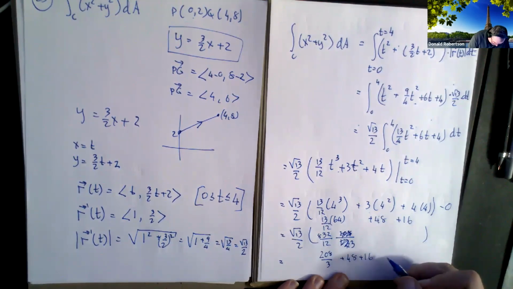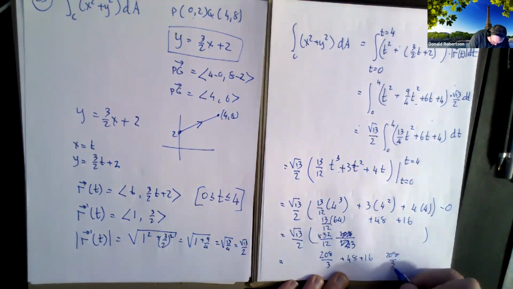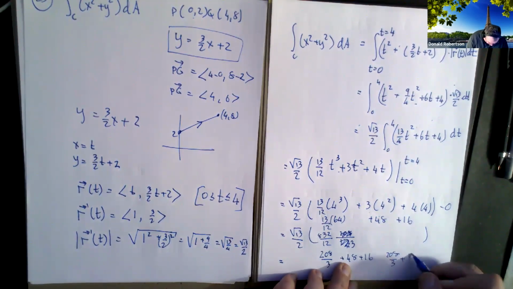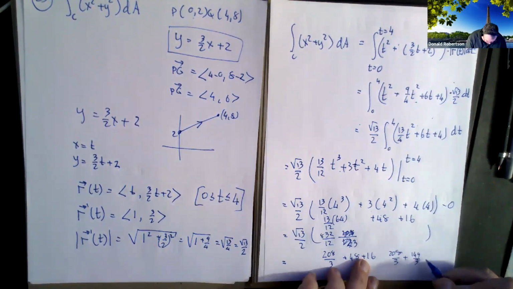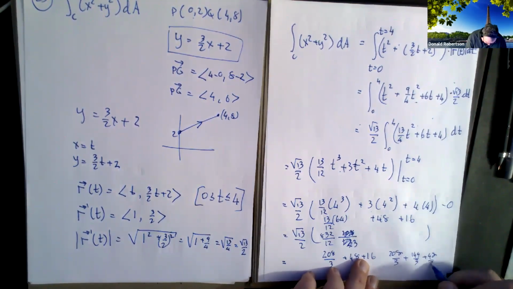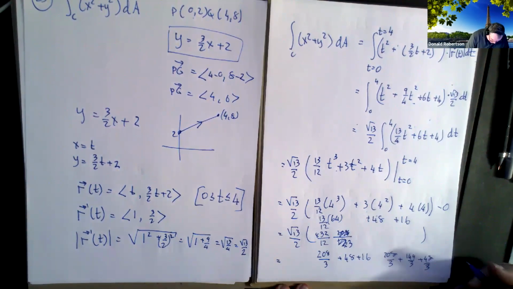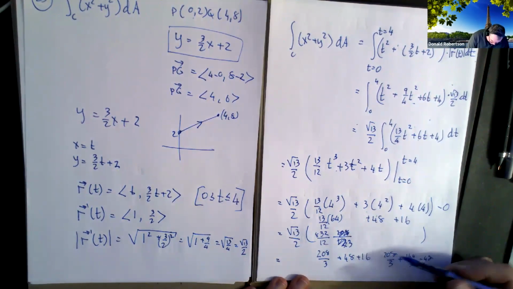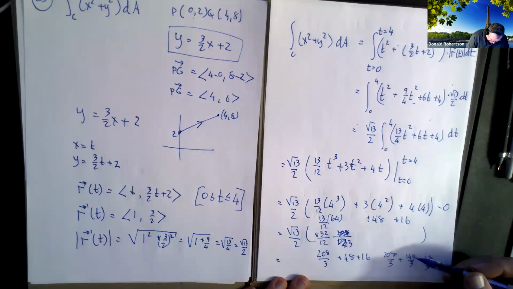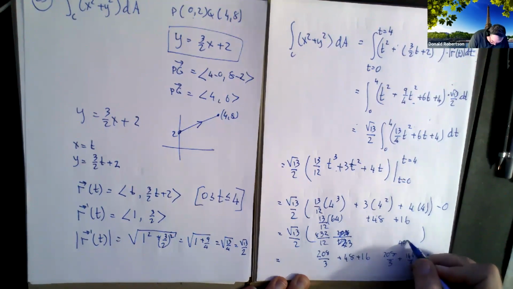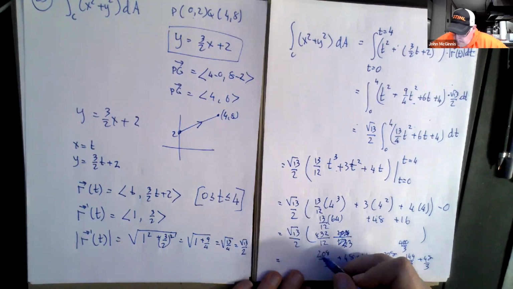Well, 48 is 144 thirds. 16 is 48 thirds. Okay. I got 400 thirds.